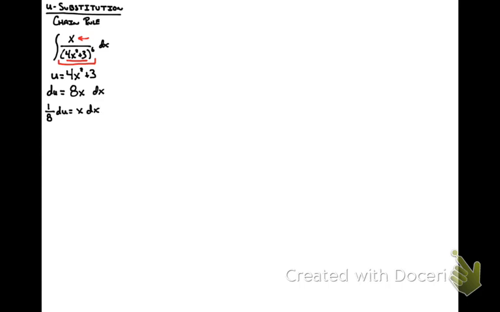And this is really nice because now I've got the different parts from my original integral. I've got x dx, which shows up here, and I have the 4x squared plus 3, and so I can substitute.